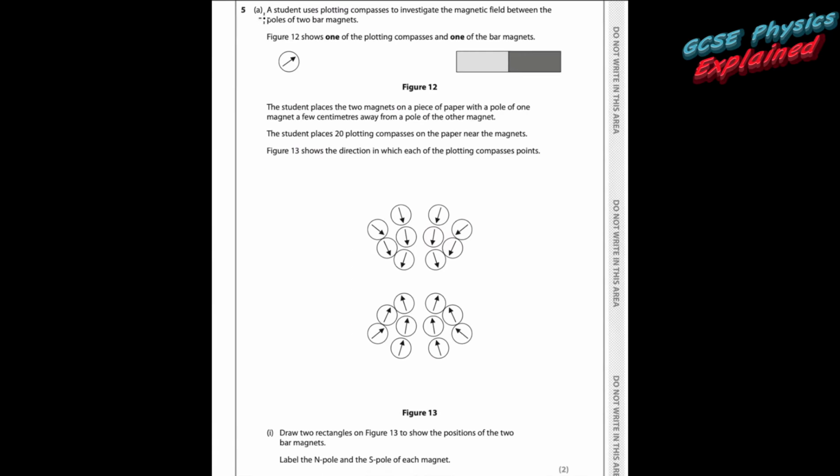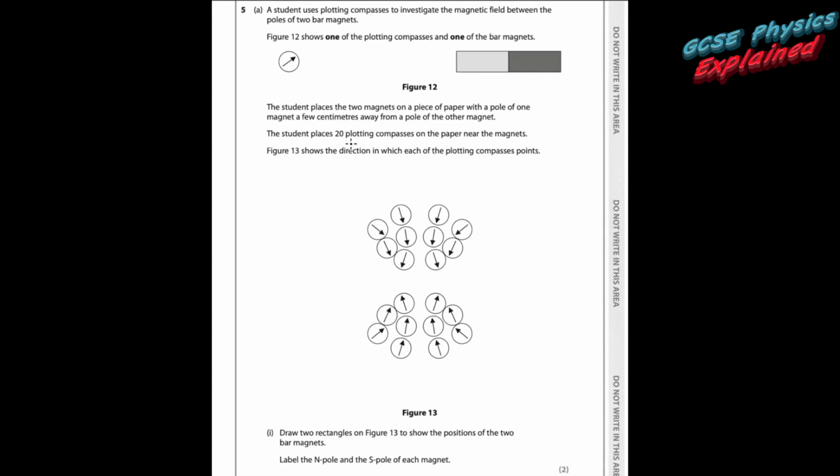Question 5, Part A. A student uses plotting compasses to investigate the magnetic field between the poles of two bar magnets. Figure 12 shows one of the plotting compasses and one of the bar magnets. The student places the two magnets on a piece of paper with a pole of one magnet a few centimetres away from the pole of the other magnet.